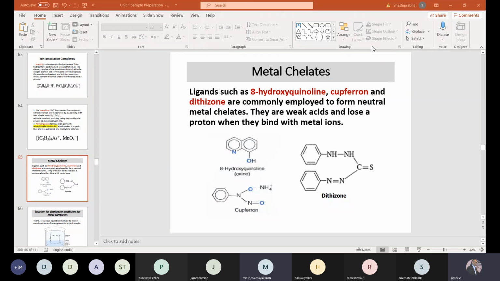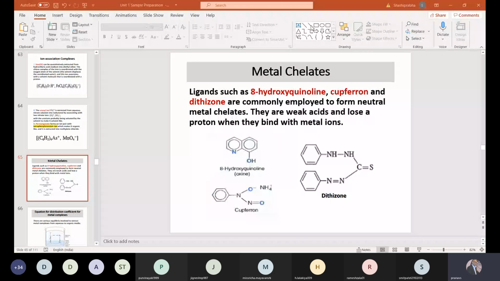In the ion association complexes where you have given those examples, in the first one we used diethyl ether. In the extraction of iron, is it compulsory to use those substances, or can it be substituted with another? Okay, you have a very valid point here. As I said, this is a very specific case.